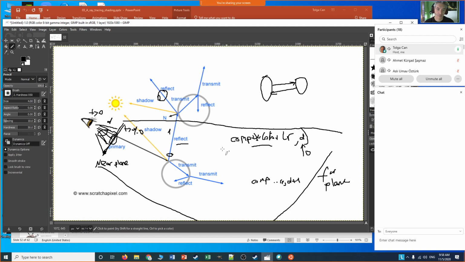If this limit is 2, this other reflected ray will not be computed. So I will have a stopping condition. The recursion is going to stop with respect to this ray count, the current reflective ray number. All right, so this is what we can have to limit this.